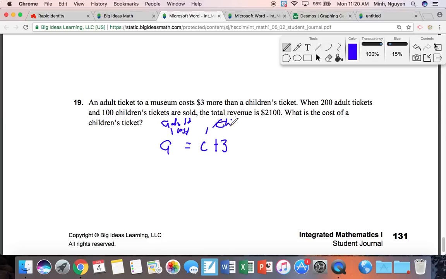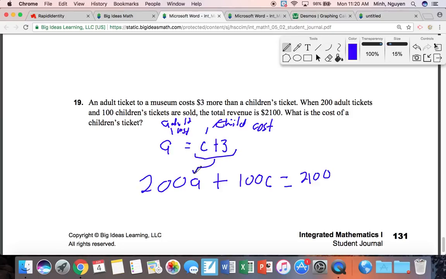When 200 adult tickets, so 200 times an adult ticket, and 100 children's tickets equals 2100. So instead of A, you'll replace it with C plus 3, and then you'll plug it in, you'll get C by itself, and then you'll figure it out.